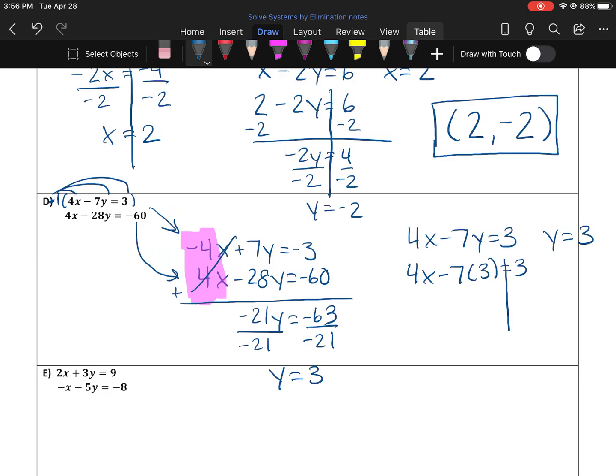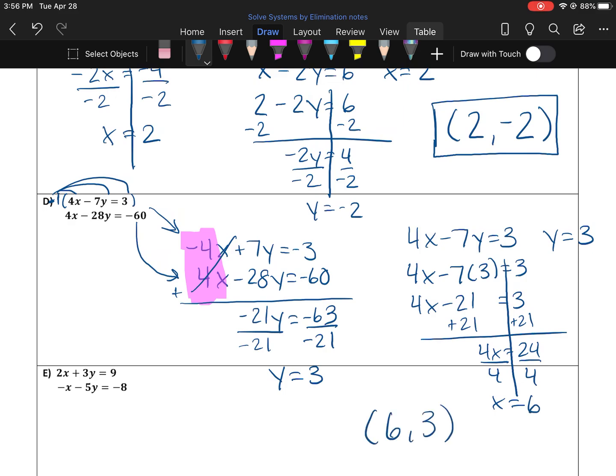The only thing that's changing, guys, is sometimes you've got to multiply through by a number. 4x equals 24, divide by 4, x is equal to 6. Final answer then, (6, 3) is where these two lines cross or intersect.